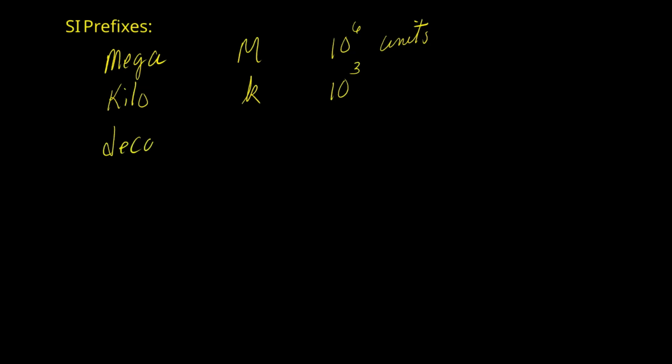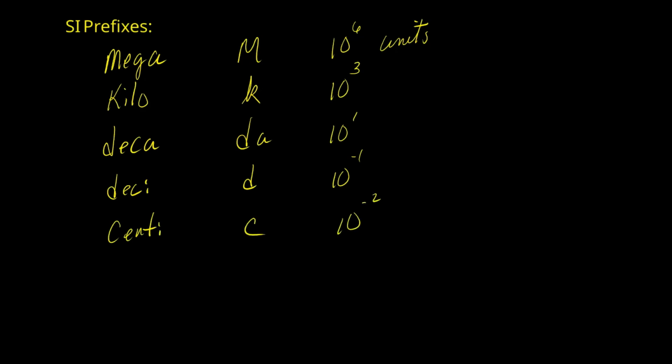Deca, or da, is 10 to the 1st. Then you have your base unit. Then deci. Deci is a lowercase d, 10 to the negative 1st. Centi, lowercase c, is 10 to the negative 2. Milli, lowercase m, is 10 to the negative 3rd.